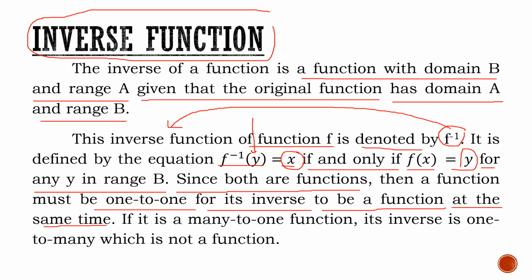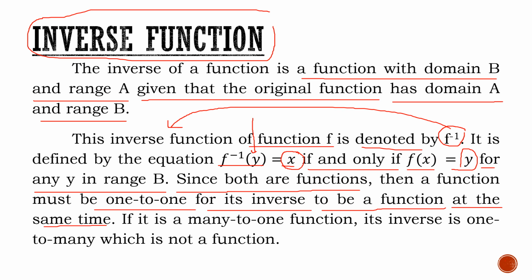So, you need to check if the given function is a one-to-one or not. Because if the function is not a one-to-one function, then you cannot take its inverse. Because only one-to-one function has an inverse function. And for us to make this inverse a function at the same time.